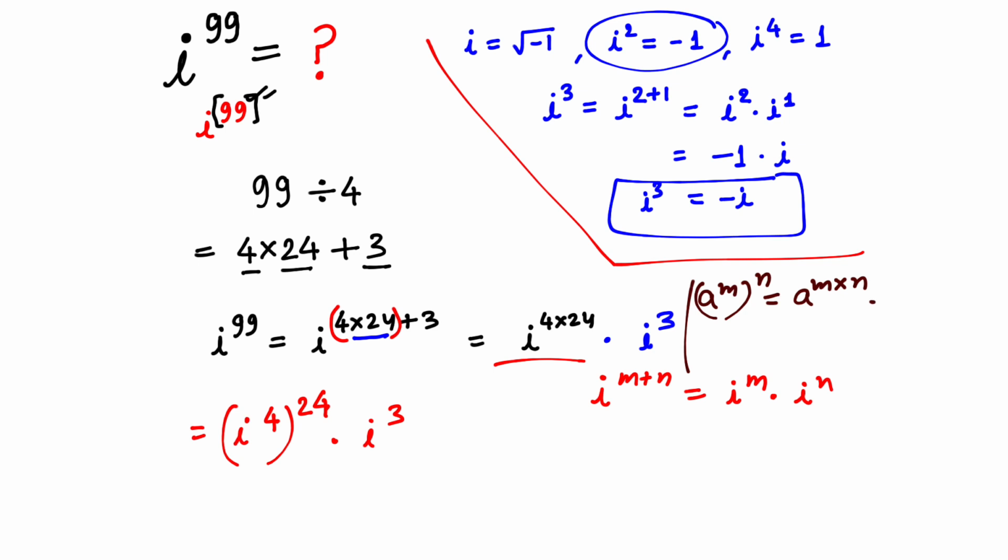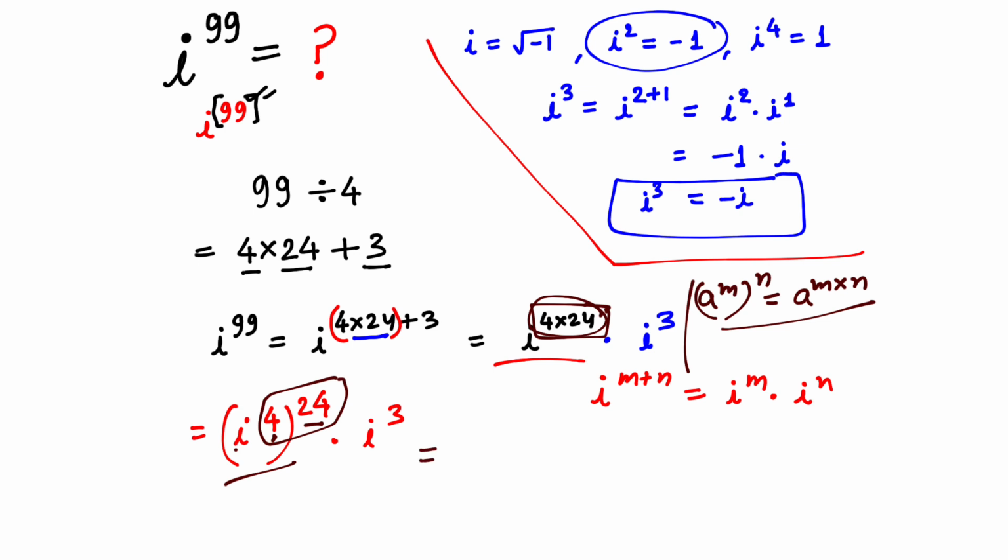The same thing I'm going to use here. So this part is written as i raised to the power 4, and then it's whole raised to the power 24. If the exponents are given in multiplication, you can write it in this kind of form.